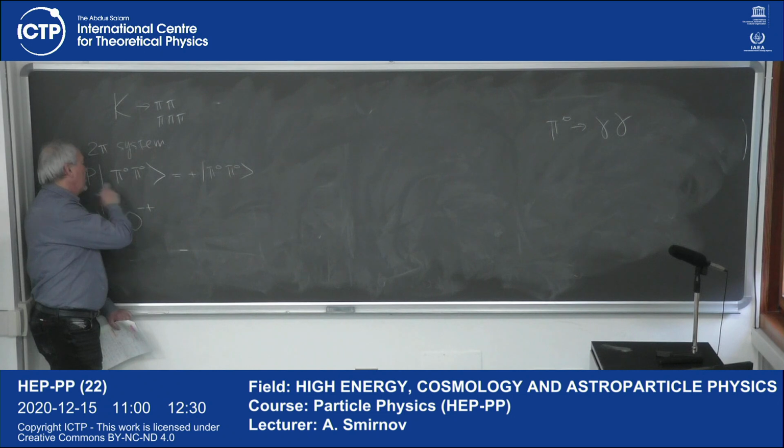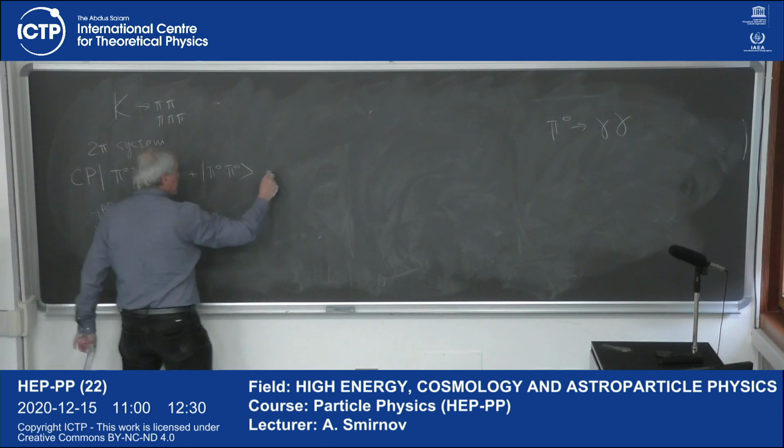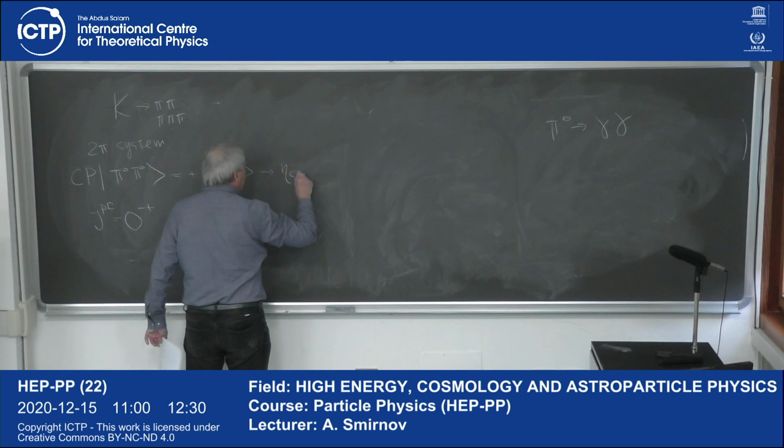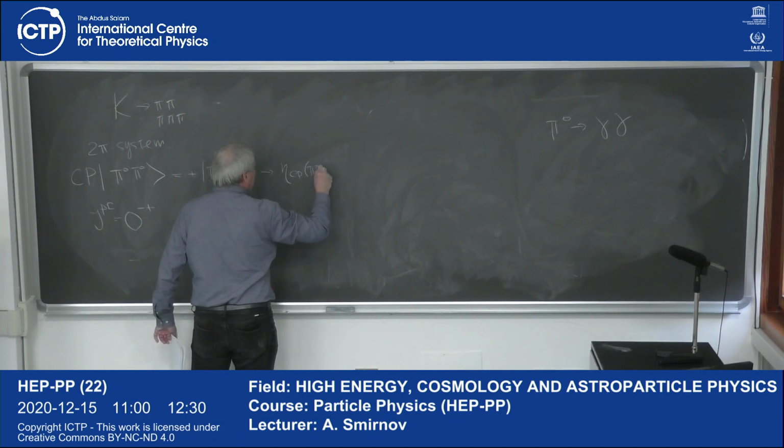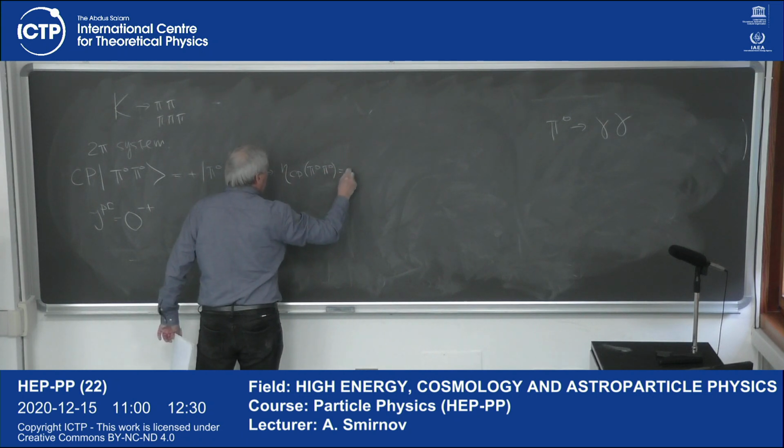Internal parity of pi 0 is minus, but we have 2, and therefore we will have plus 1. Now C parities are plus 1. Spin is 0 since they appear from the particle with spin 0. And therefore the CP parity here is 1.